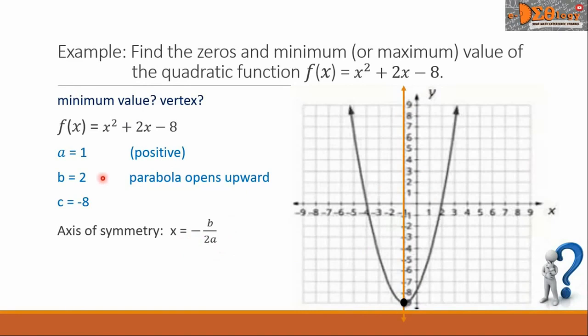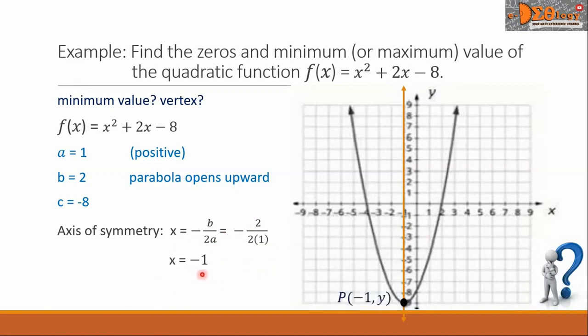Substituting the values, we have negative of b, and the b is positive 2, over 2 times a, and the a is now changed into 1. Simplifying this, we have x equals negative 1. This is the equation of the axis of symmetry.